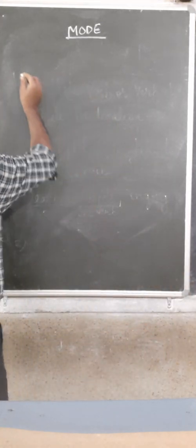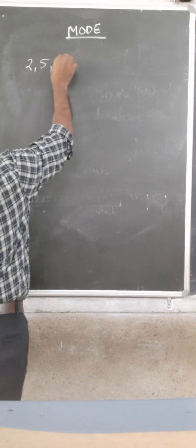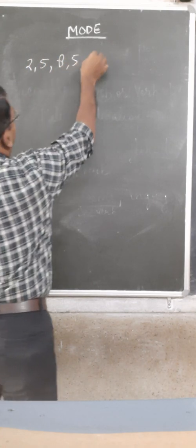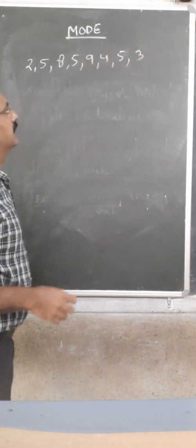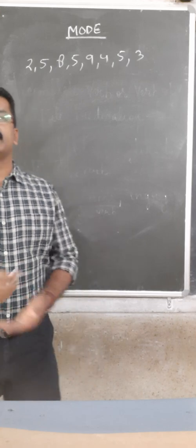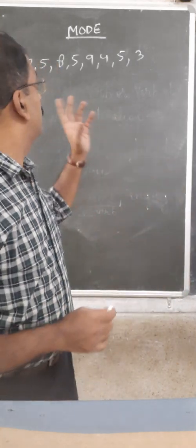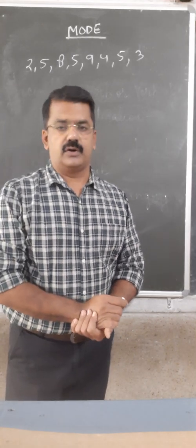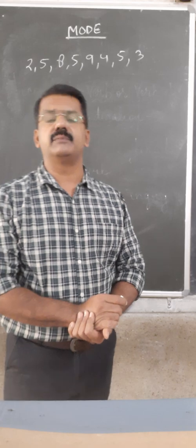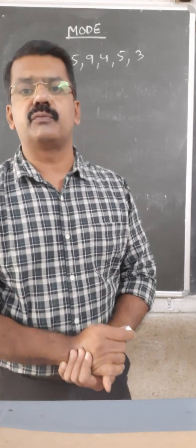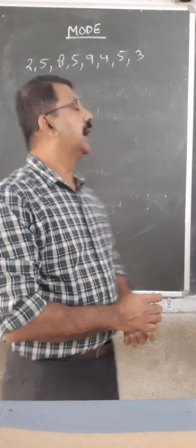Like, if there are few numbers, say 2, 5, 8, 5, 9, 4, 5, 3. If you have to find the mode of these numbers, you know the number that is occurring the maximum number of times, meaning the number whose frequency is maximum, is considered to be the mode.